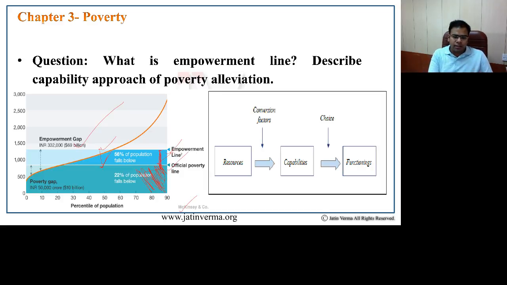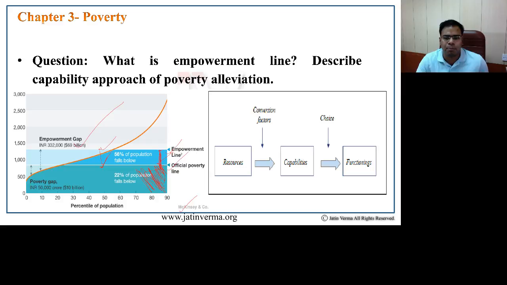Apart from that, as we are talking about the empowerment line, I have to talk about the capability approach to poverty alleviation as well. Poverty alleviation approaches vary from society to society and nation to nation, and the capability approach was provided by our own economist Dr. Amartya Sen, who got the Nobel Prize in economics.